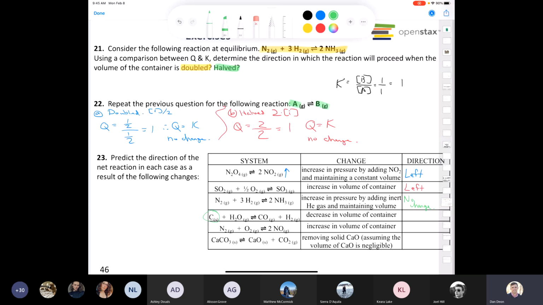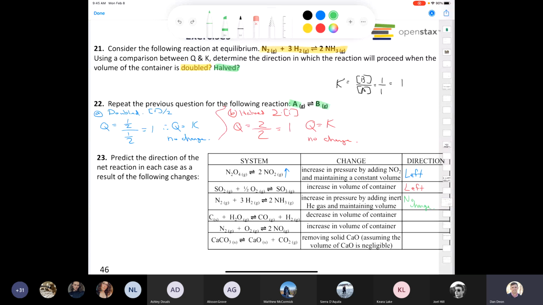Let's take a look at the next one. You have graphite plus steam gives you carbon monoxide plus hydrogen. And you decrease the volume of the container. You make it smaller. Will it shift to the left or to the right? And this one, where will it go? It's not nothing.